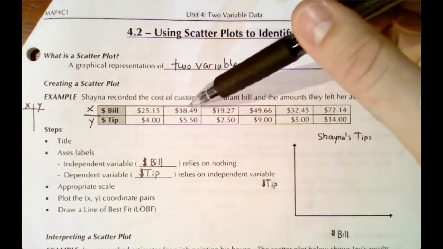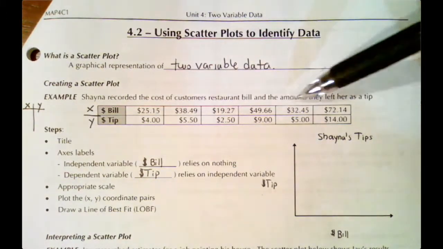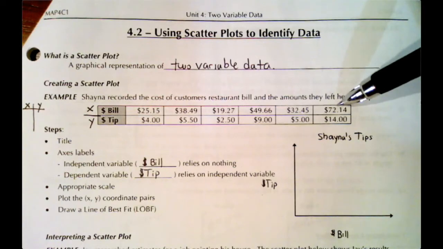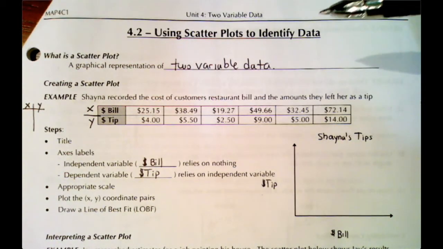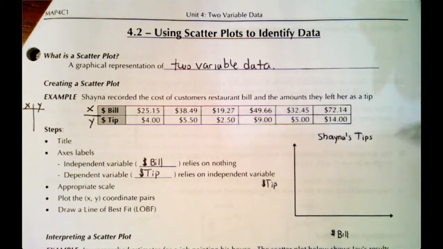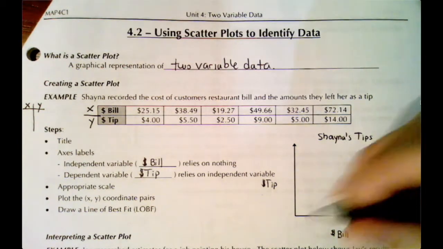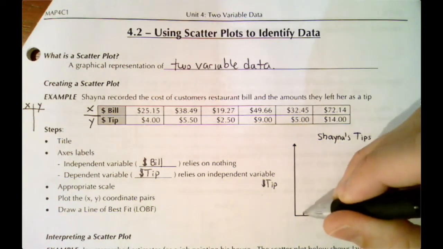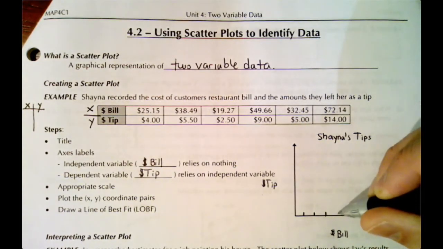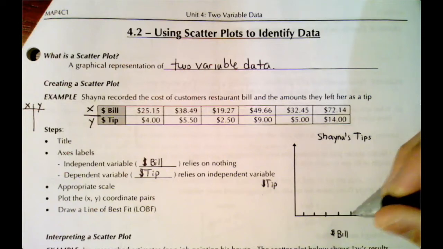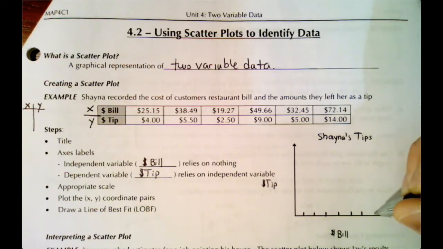We got 25, 38, 19, 49, 72. Go all the way up to 72 and as low as 19. So let's start at 0. Let's go up to, I don't know, say 80. Let's go up by tens. So we got 10, 20, 30, 40, 50, 60, 70, 80.